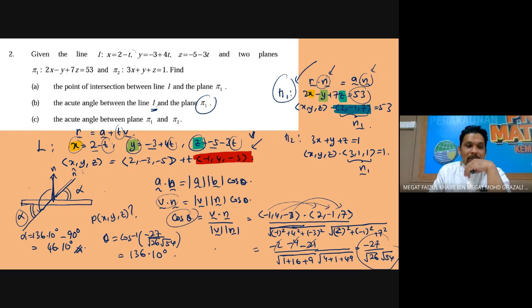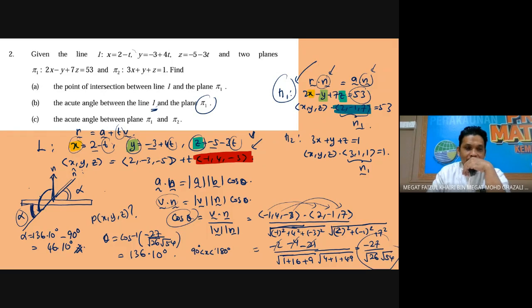46.10 degrees. That's it. Okay, because the answer of this is obtuse, between 90 to 180 degrees, and we want the acute angle, which is from 0 until 90 degrees. So in this case, we refer to this side, and here is the angle that we give for alpha.